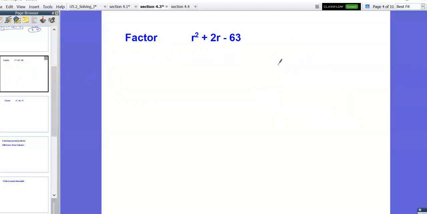Next, we want to factor r squared plus 2r minus 63. Again, this one didn't say solve, it just said factor. Factor the number negative 63. We are adding the middle term this time, so this time the smaller number gets the negative sign because we want the bigger number to be positive.